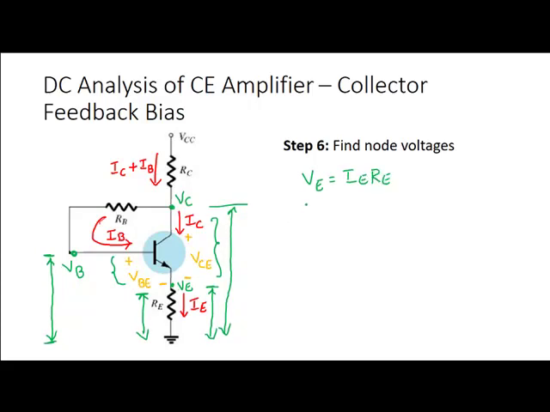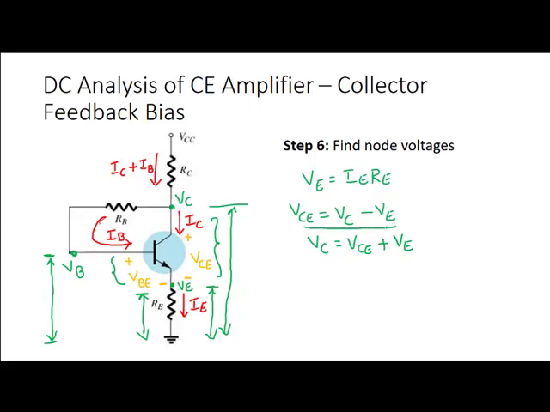Then using double subscript notation, we can find out what is VC. So we have VCE, double subscript notation. VCE is nothing but VC minus VE as indicated in this diagram here. So what we want is VC. So rearranging the terms, we get VCE plus VE.